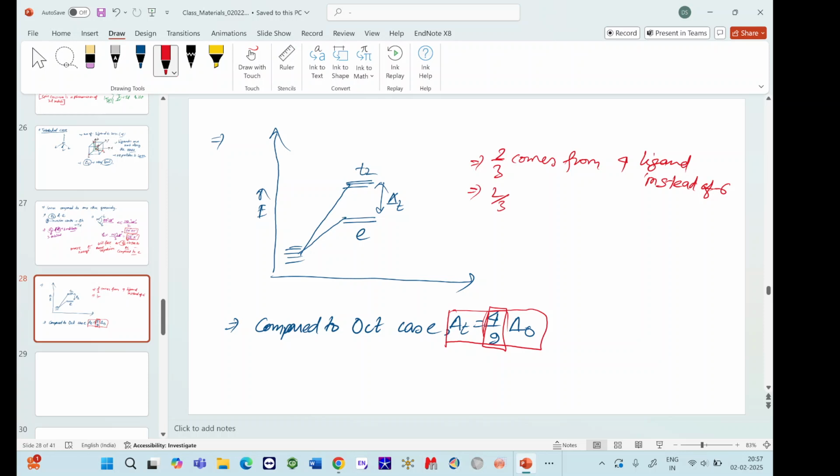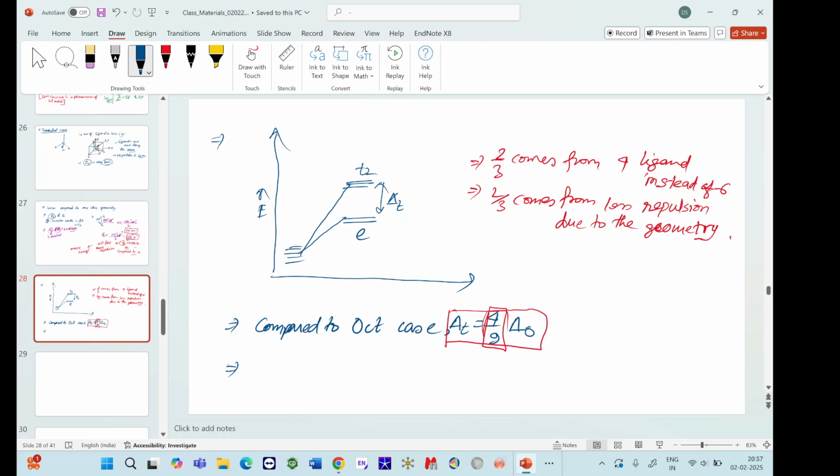And then another 2/3 comes from the less repulsion due to the geometry.